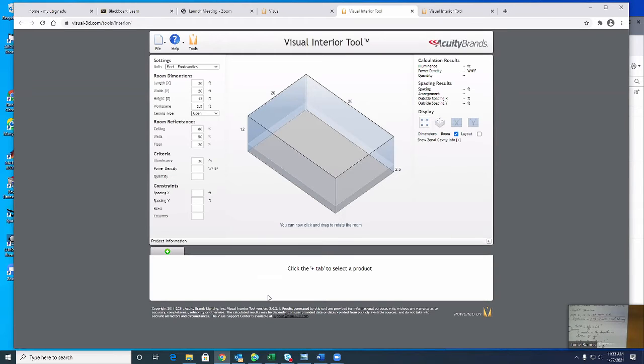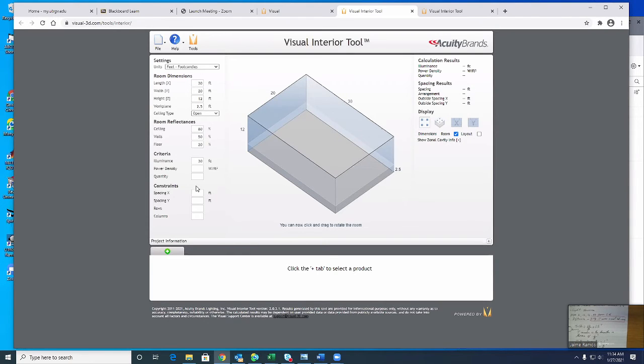This room is 30 feet times 20 times 12. The work plane, so that's the height of the table where the lumens will be rendered. That's the work plane. So that's 2.5 feet above ground.